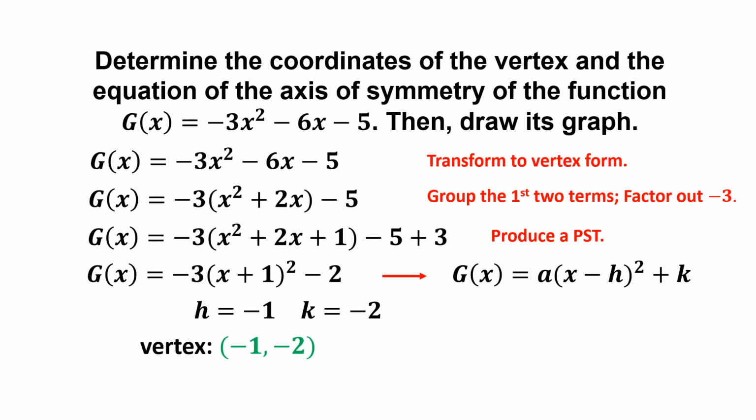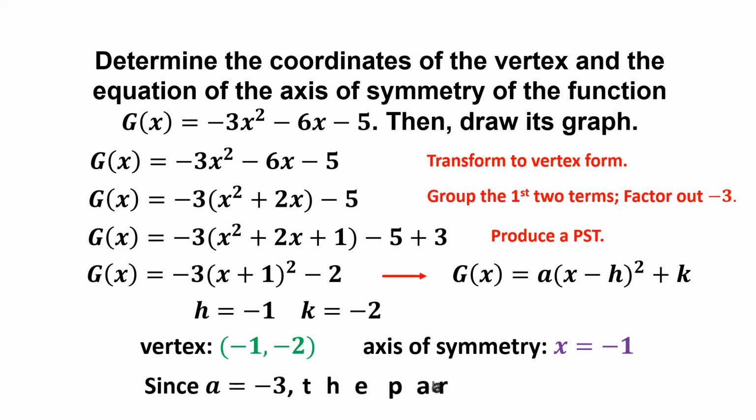Hence, the vertex has coordinates negative 1, negative 2, and the equation of the axis of symmetry is x is equal to negative 1. Take note also that the negative value of a tells us that the parabola opens downward.